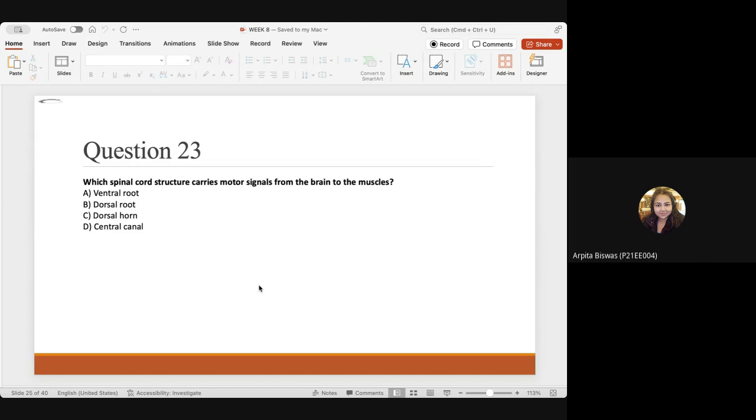Okay. Next, move toward question number 23. Which spinal cord structure carries motor signal from the brain to the muscles?